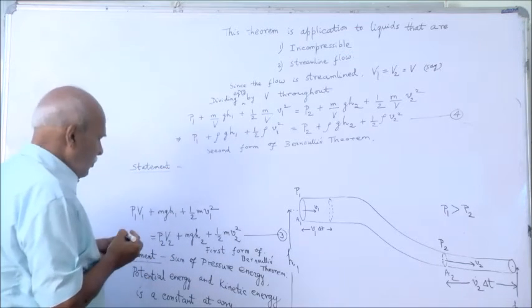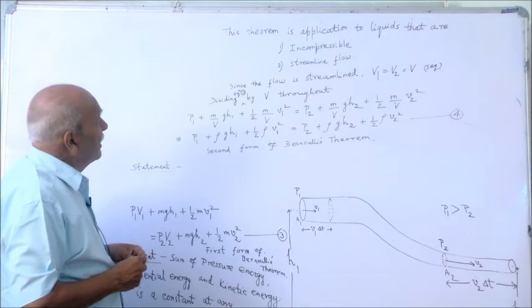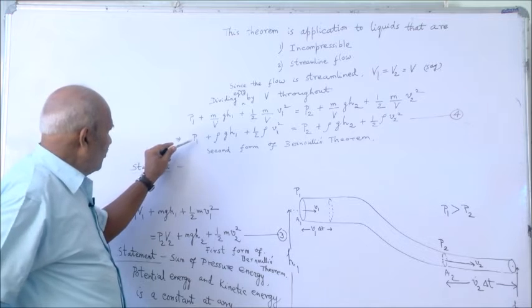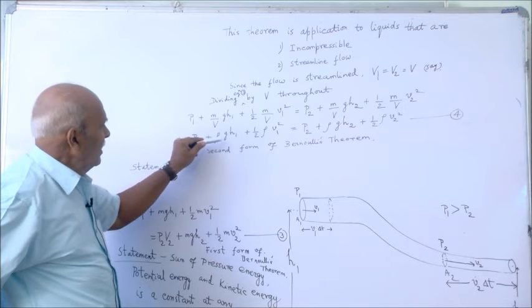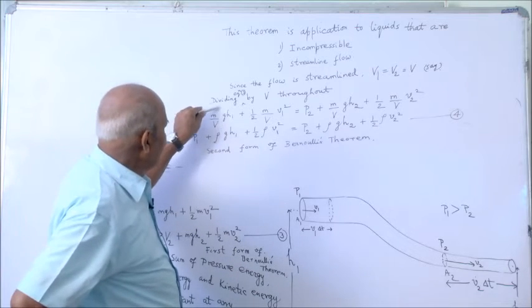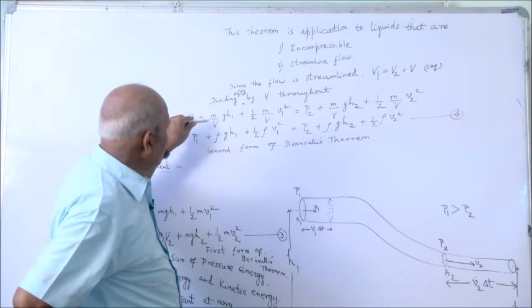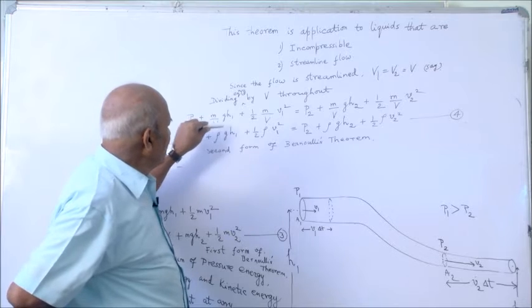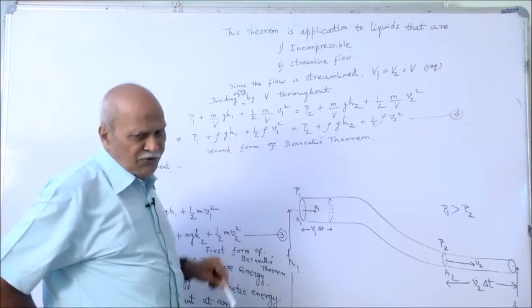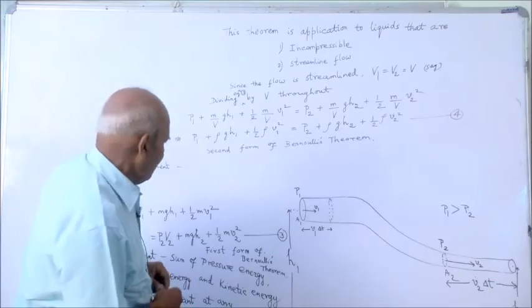For incompressible fluid flowing as a streamline, the sum of pressure, potential energy per unit volume, because the potential energy is mgh1 by V means per unit volume, then kinetic energy per unit volume, is a constant at any cross section of the pipe.